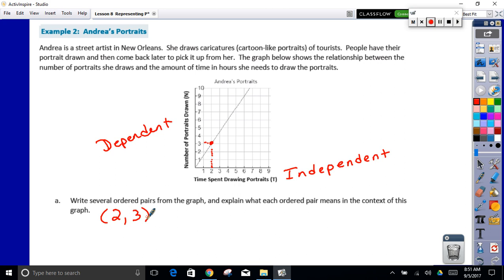So in 2 hours, she will have drawn how many portraits? 3. She will draw 3 portraits. Okay, pick another ordered pair on the graph that works.